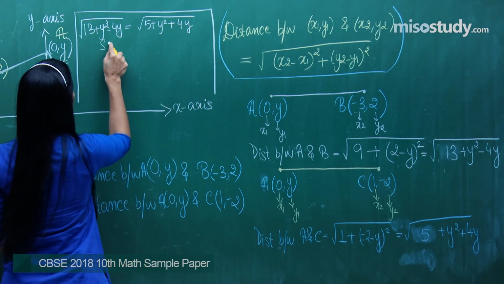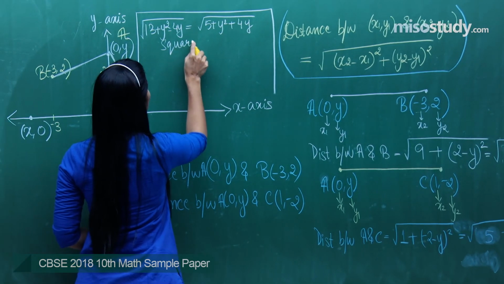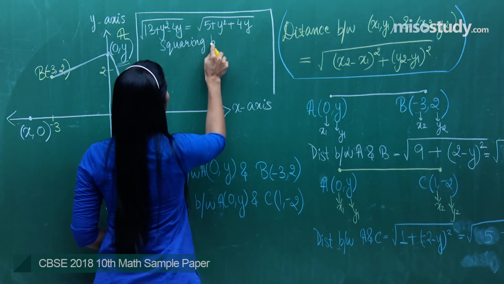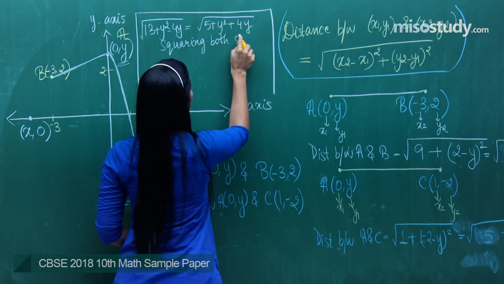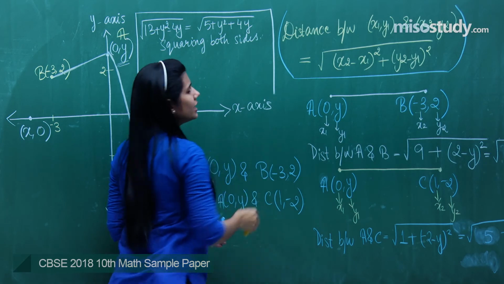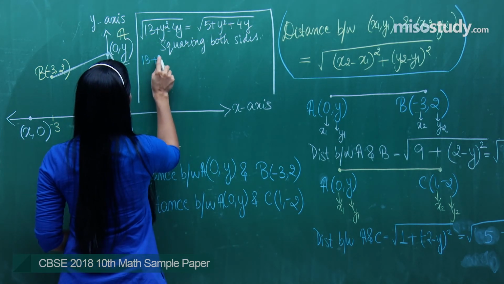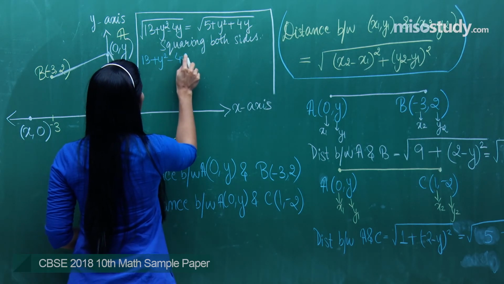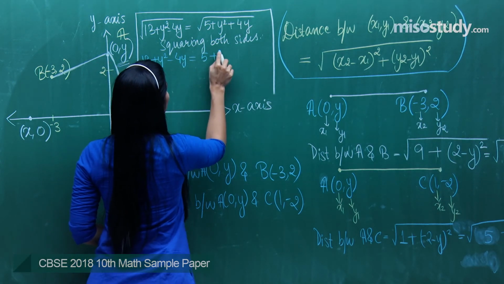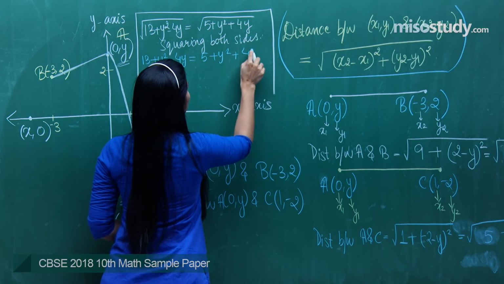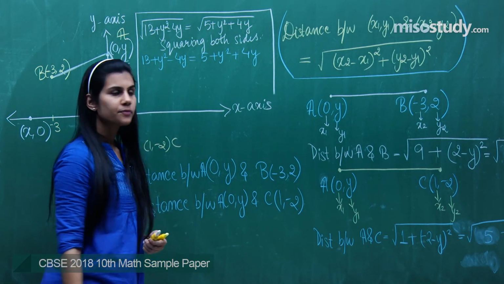Now what you do, you square both sides to remove the under root. And what you obtain then? 13 plus y square minus 4y is equal to 5 plus y square plus 4y.